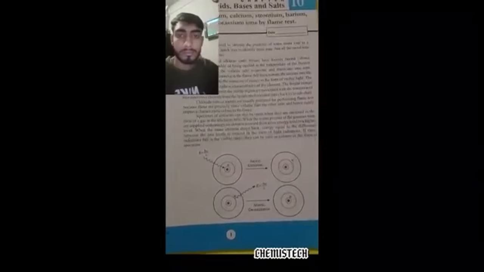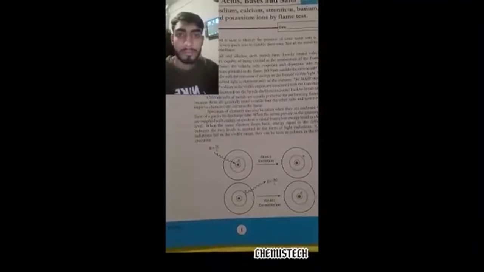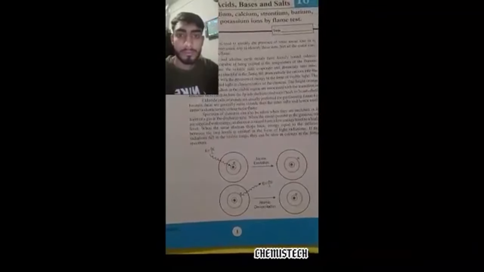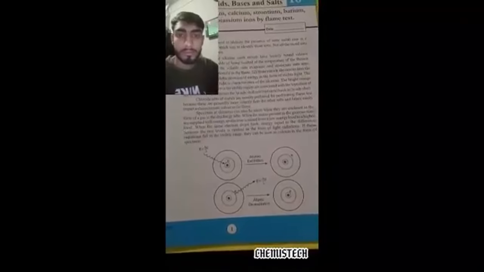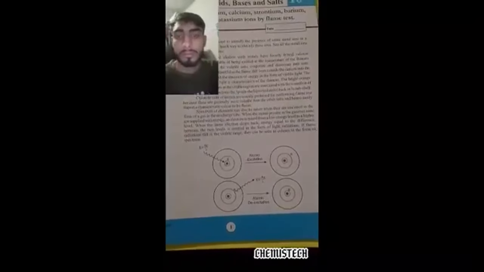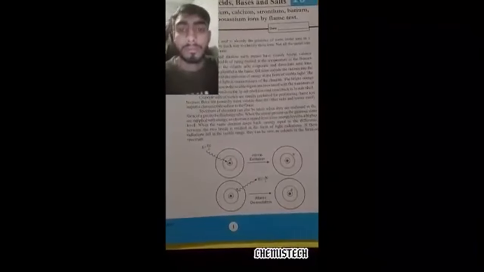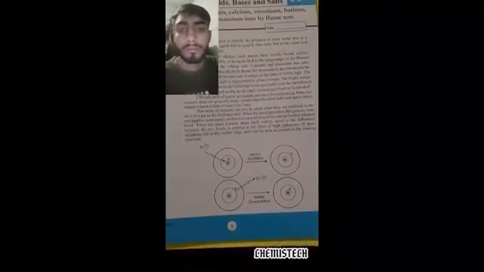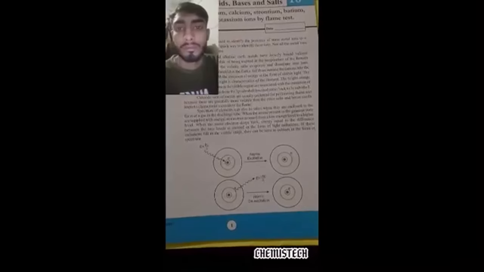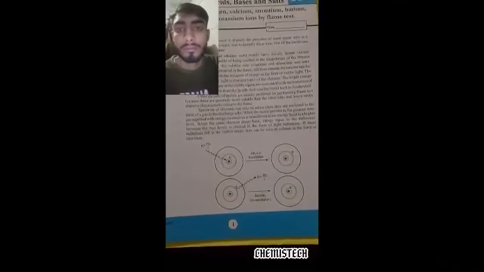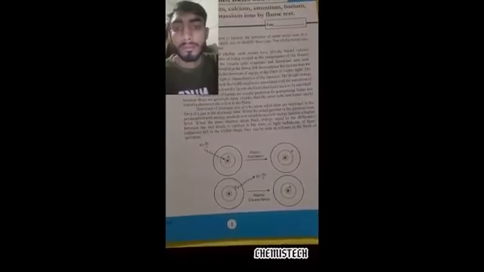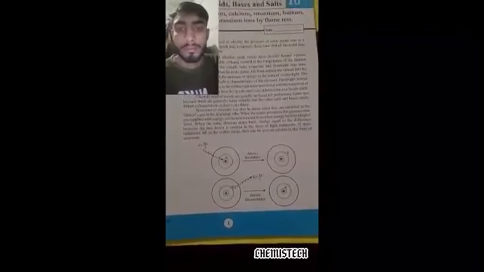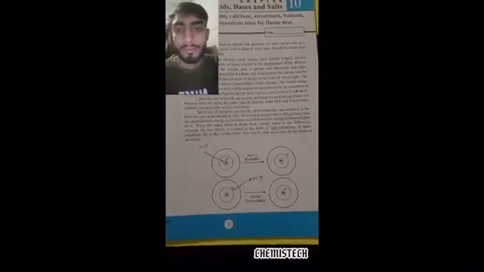Not all metal ions impart color to the flame. The alkali and alkaline earth metals have loosely bound valence electrons that are capable of being excited at the temperature of the Bunsen flame. In the flame, the volatile salts evaporate and dissociate into ions.